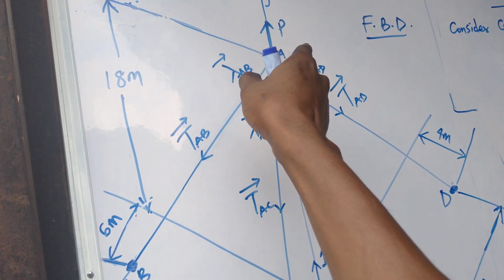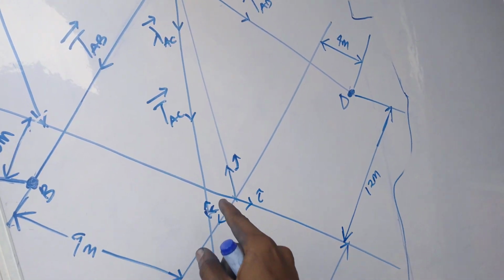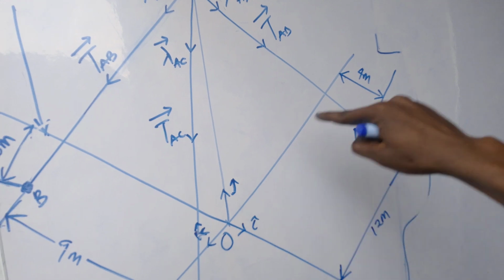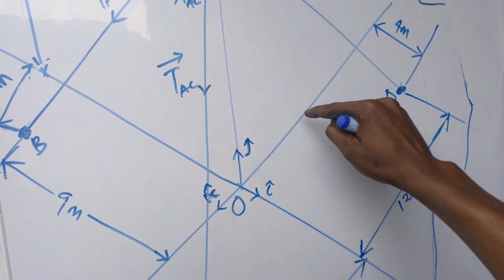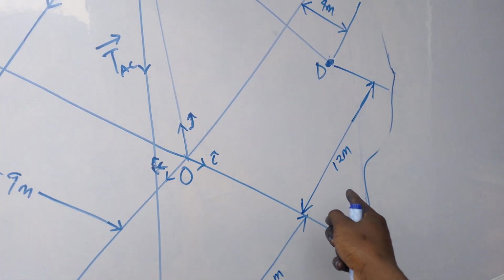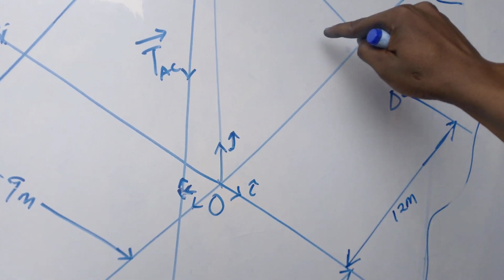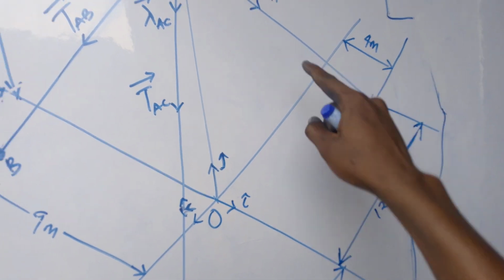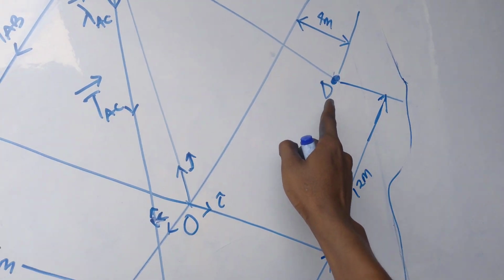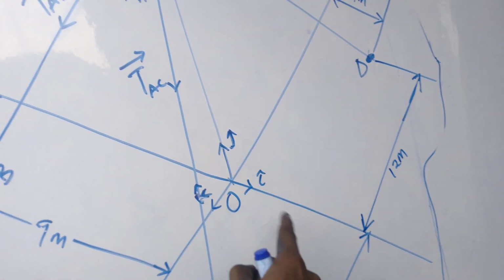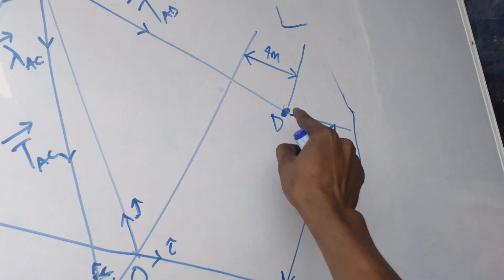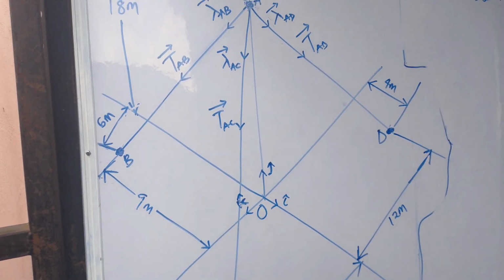That is with respect to this, from point A to come down, minus 18J. To go like this, from here to move to this point, that is with respect to this distance. So coming like this is plus K. Going like this will be minus 12K. Then to come down to this point, plus 4I. No, this is I. So go like this, plus 4I. That's what I'm having. Okay.